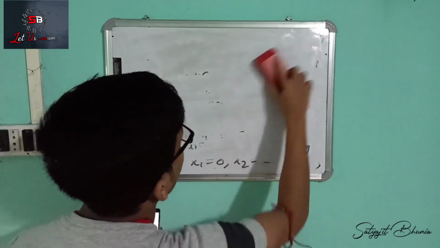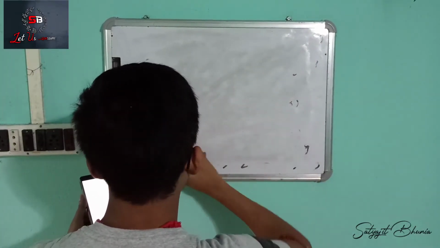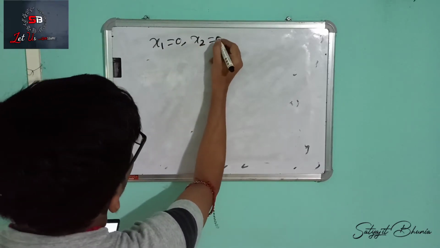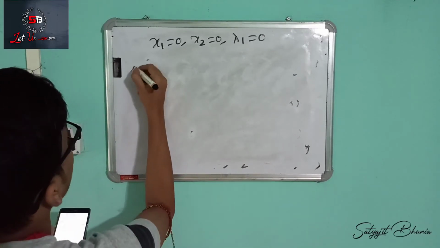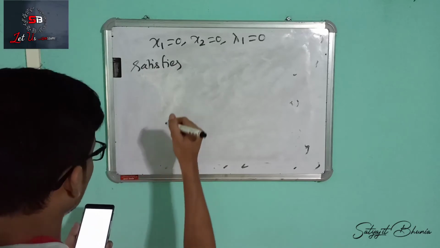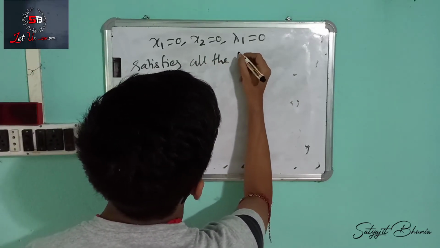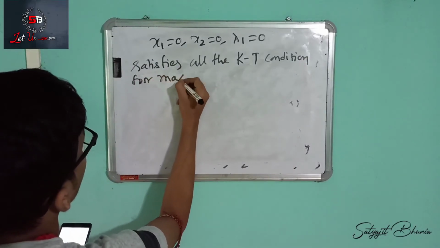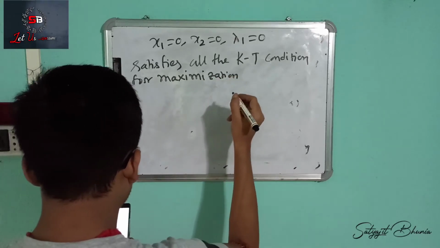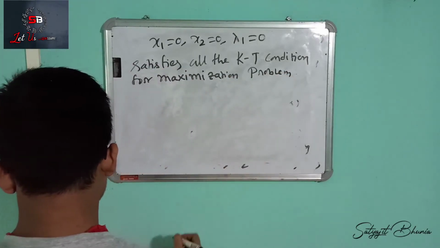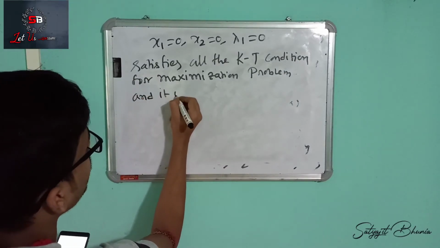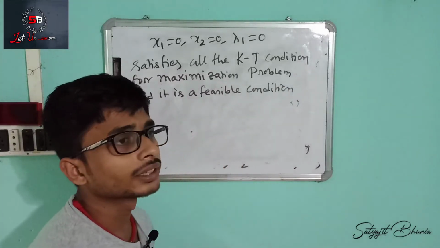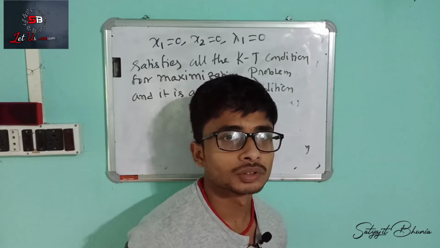So we can write x1 is equal to 0, x2 is equal to 0 and lambda 1 is equal to 0 satisfies all the Kuhn Tucker conditions, or in short KT conditions for the maximization problem, and it is a feasible solution also, that is x1, x2 are all greater or equal to 0.